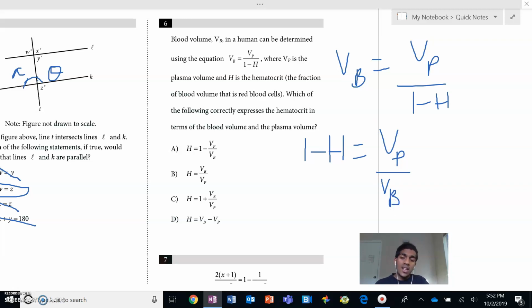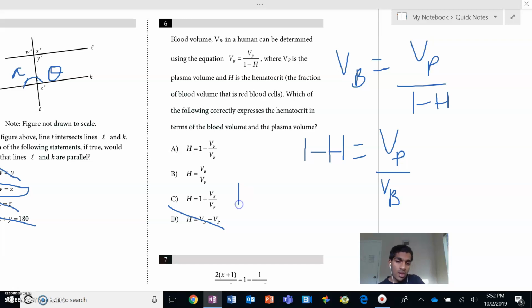So something tells me right off the bat that equation D is wrong because VP and VB are supposed to be numerators and denominators, not adding and subtracting partners. So anyways, to solve for h, I am just going to transpose h to the other side.